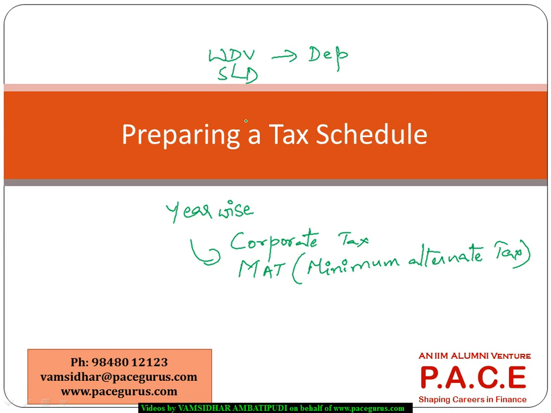So we will try to create using the existing P&L statement and making the modifications regarding the written down value method and the straight line depreciation method, arriving at the new value based on which we will be doing the computation of the tax.